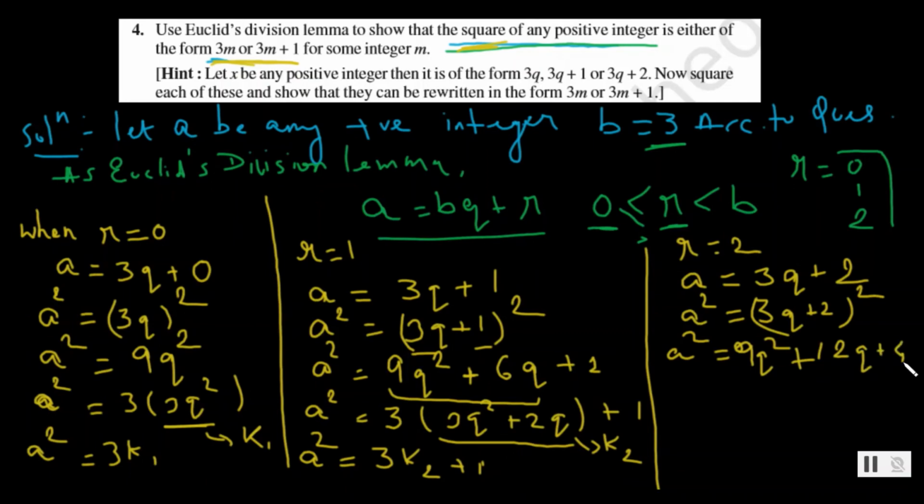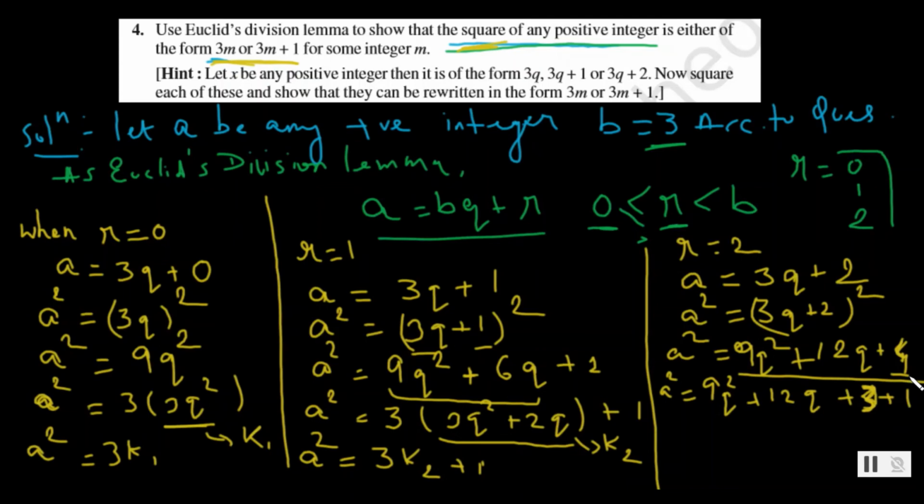Now observe very nicely that we can write this equation also in this form: a square equals 9q square plus 12q plus 3 plus 1. Okay, 3 plus 1 is nothing but 4.